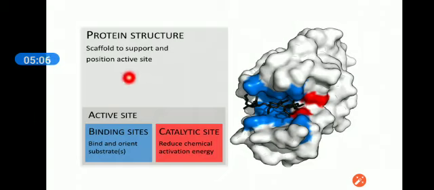This happens because the active site contains a particular or complementary sequence for its substrates, and these amino acids are dispersed throughout the enzyme. The enzyme has to adopt a particular three-dimensional position to scaffold or make the active site in which amino acids are present in a particular sequence.